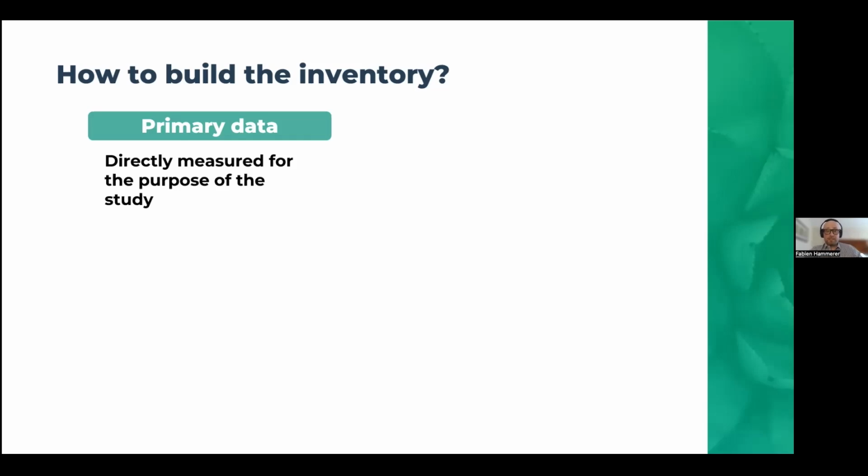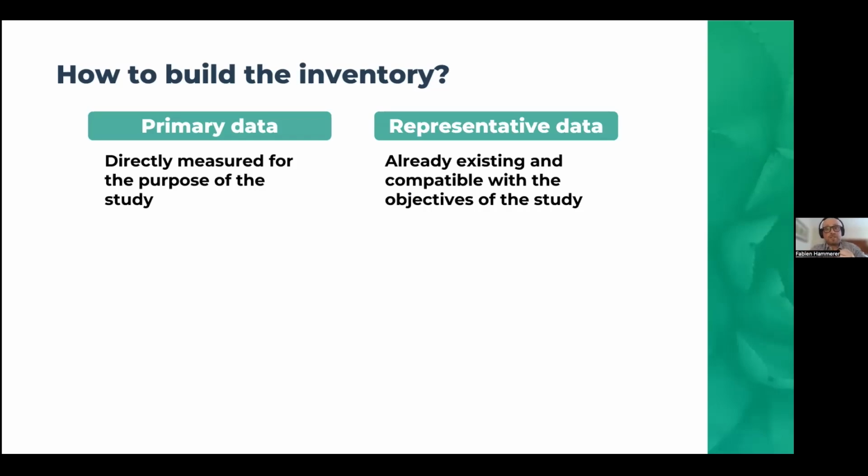But that is not enough in itself to create the inventory that we've talked about, right? Just knowing what you can measure directly as a tractor manufacturer is not enough to go there, unless you're willing to spend infinite amount of resources on this. So the second source of data that we can use is called representative data or secondary representative data, which is already existing data that is compatible with the objectives of the study.